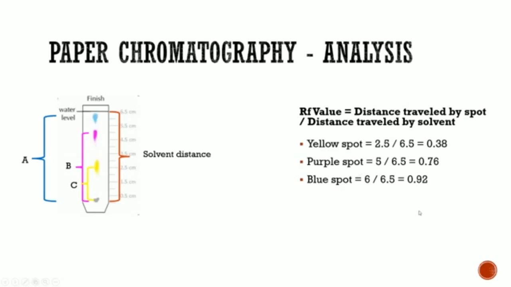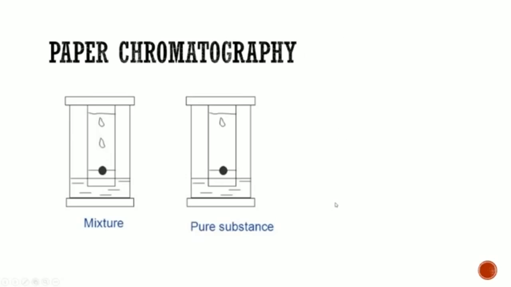So you just derive it from that, but they'll always give you the reference chart. Okay, so we established that it was a mixture because it had more than 1 separation. If it was a pure substance and you did paper chromatography, you'd only really get 1 spot as a result.